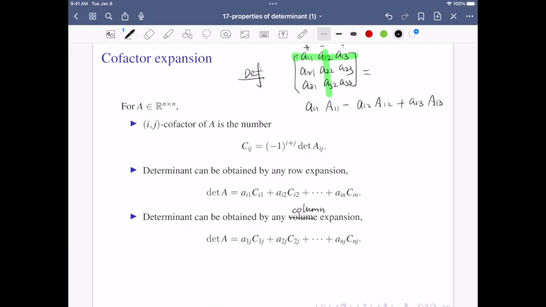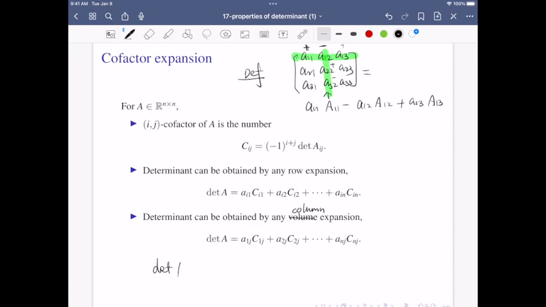This is positive, minus, and plus, minus will interchange every time. So plus, minus, plus, minus. I make sure I have all signs for the column I want to expand. So I'm going to do second column expansion.